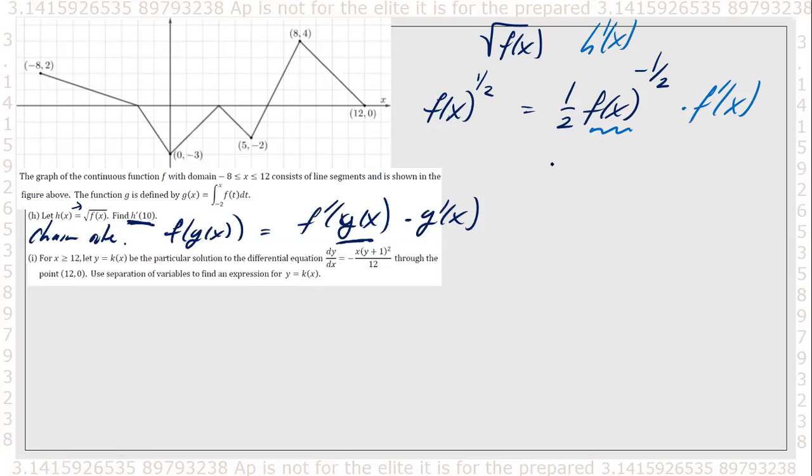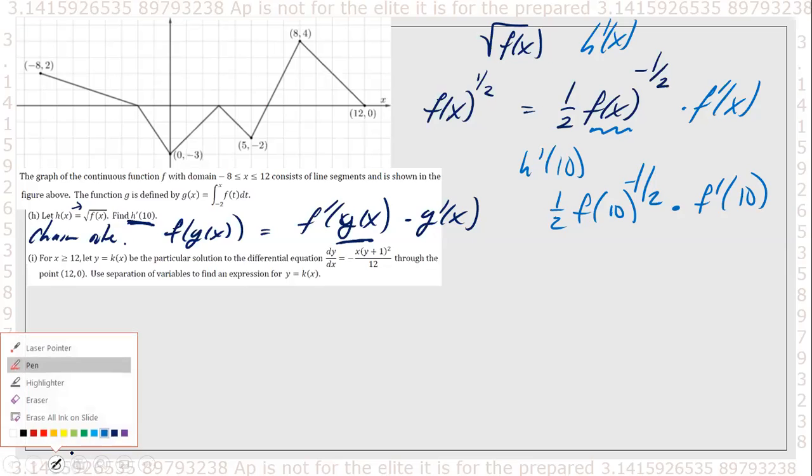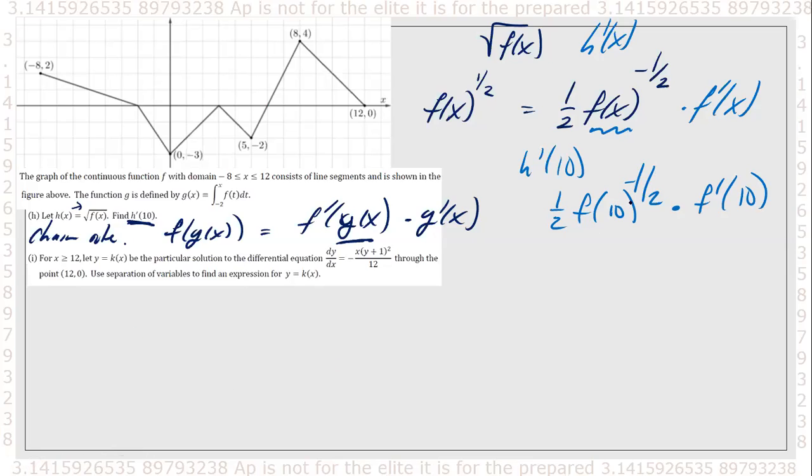They want me to find h prime of x when x is 10. So 1/2 f, every time I see x, I put a 10, negative 1/2 times f prime of 10. So not that bad, guys. Let's go ahead and solve this. So this is 1/2.